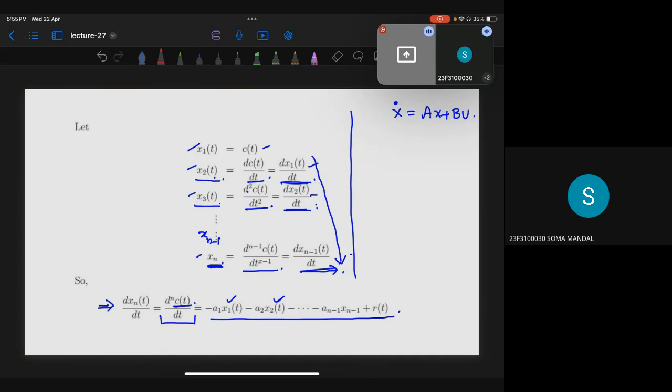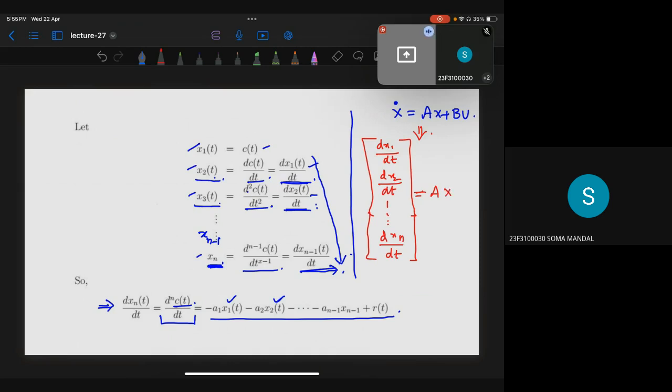Got it. Now, what does this equation represent? The left side is a vector of dx1 by dt, dx2 by dt, etc. dxn by dt, correct? Yes, sir. So the right side is a matrix A, and again this vector x.